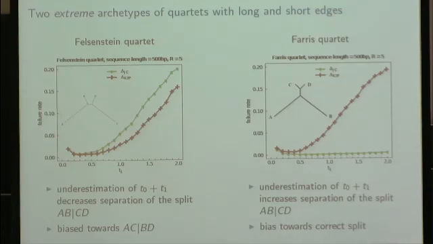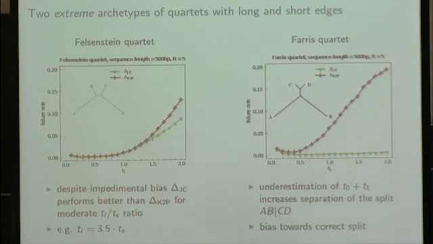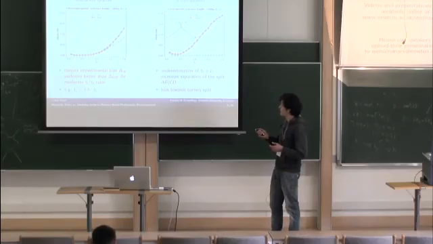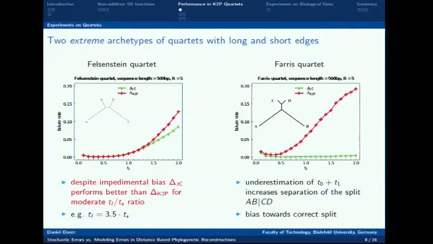So here it is actually worse than the standard distance, and here it basically always gets the tree right. But even in this case, in the Felsenstein quartet, if you use moderate instances of the Felsenstein quartet where the large edges are not 5 times but 3.5 times larger than the short edge, we see that it actually gives a better result than the standard distance.